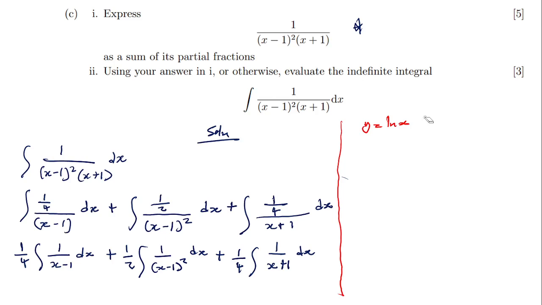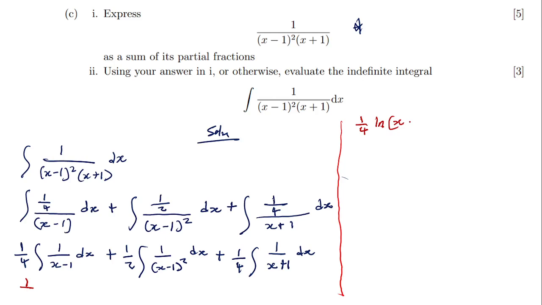So let me quickly put those guys. The first one will be 1 over 4 ln of x minus 1. This middle one I'm not going to work on in the meantime because it requires other principles.